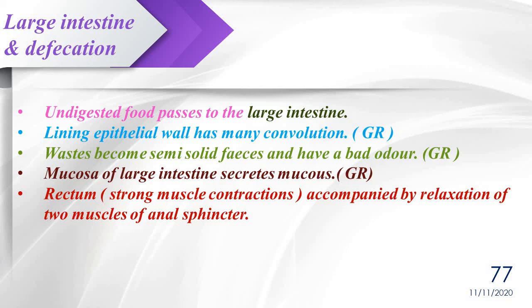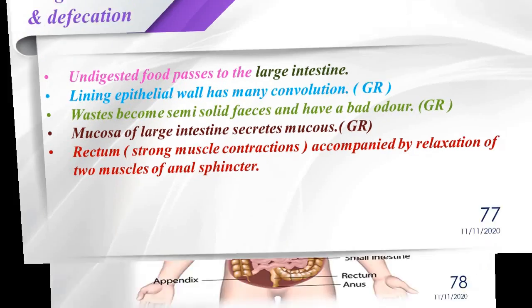The mucosa of the large intestine secretes mucus to facilitate getting rid of these wastes. It also contains the rectum, which is a strong muscle contraction combined with relaxation of two muscles of the anus, called the anal sphincter.